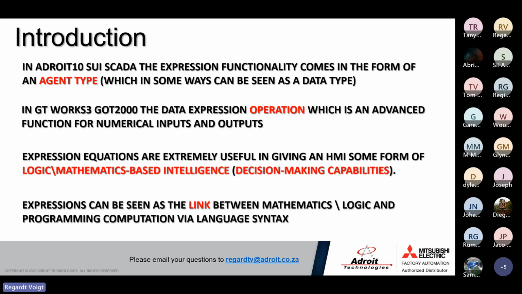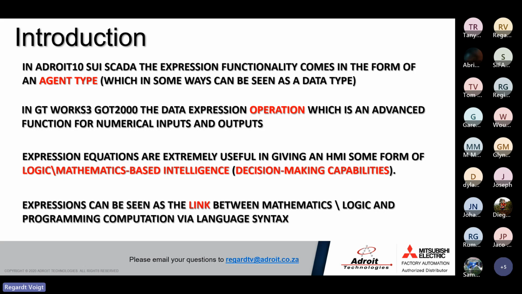Okay, on the Adroit side, the expression functionality comes in the form of the agent type, which in many ways can be used and seen as a data type. The variables which you use inside of the expression agent will also determine the data type that's being used for your calculation. In GTWorks, on the other hand, the data type will be determined by your input and output types.